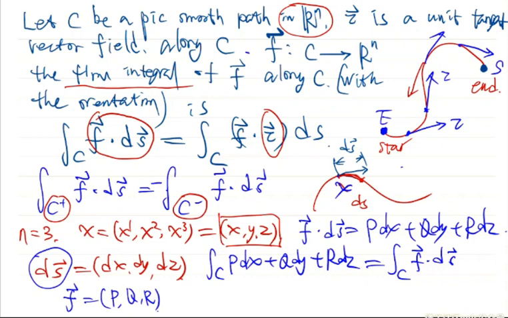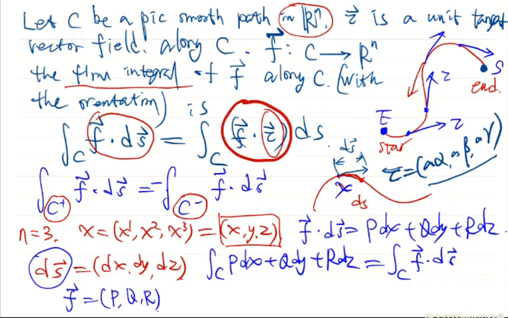Therefore, tau can be represented by cosine alpha, cosine beta, cosine gamma, where alpha, beta, gamma are the angles between tau and the 3 coordinate axes. So tau is cosine alpha, cosine beta, cosine gamma, and the inner product of f and tau is p cosine alpha plus q cosine beta plus r cosine gamma.